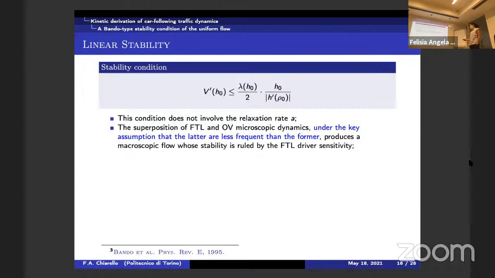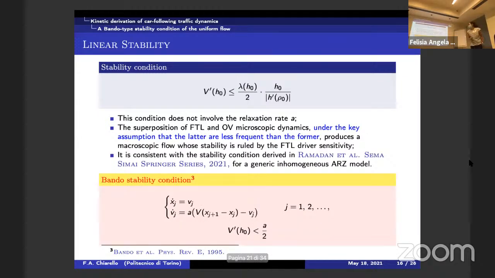The superposition of follow the leader and optimal velocity microscopic dynamics, under the assumption that the latter are less frequent than the former, produces a macroscopic flow whose stability is ruled by the follow the leader driver sensitivity. And this stability condition is consistent with the one derived in this paper for a generic inhomogeneous ARZ.